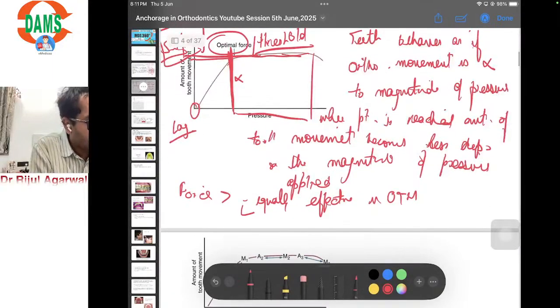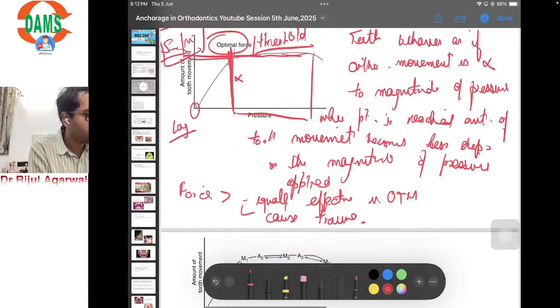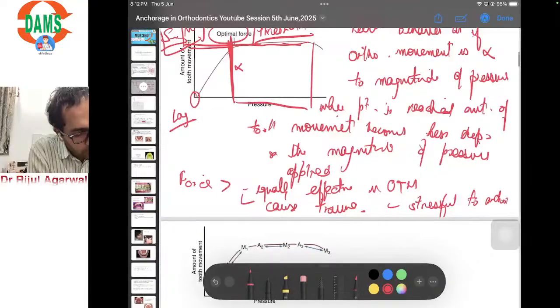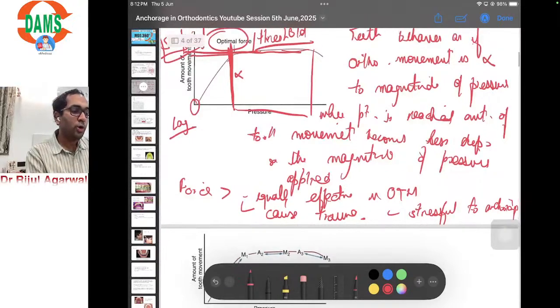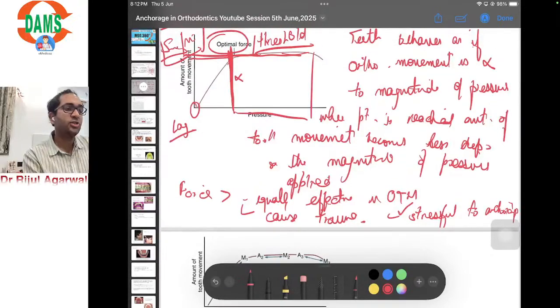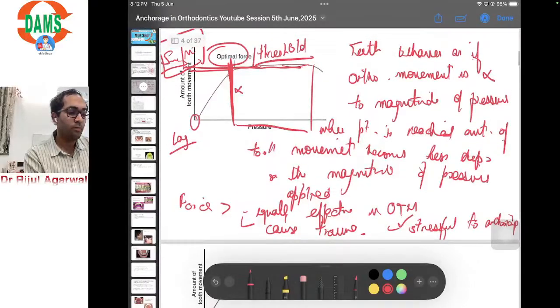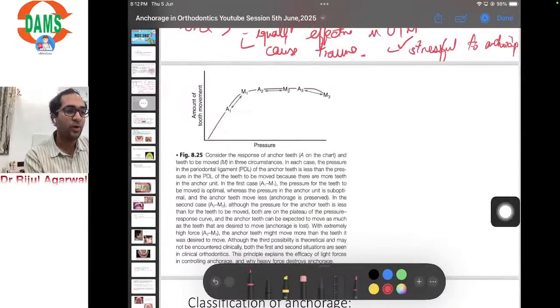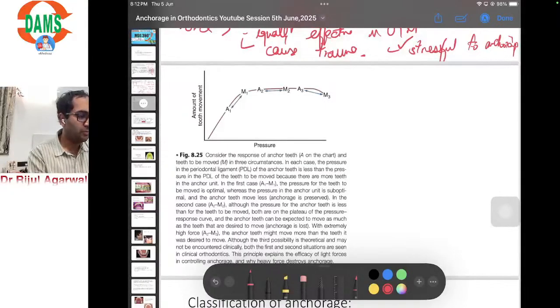Next, it can cause trauma to the teeth, and third, it is also stressful to anchorage. So what do I mean by saying that it is stressful to anchorage? To understand this last point, that it causes stress on the anchorage unit, we need to come to the next graph.